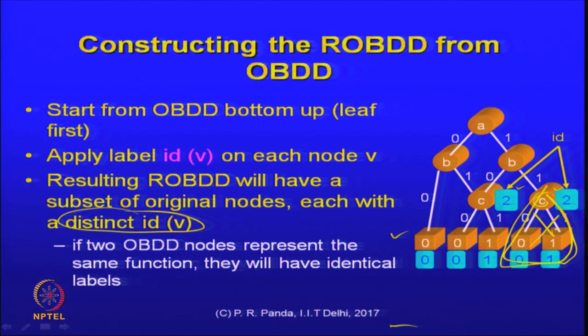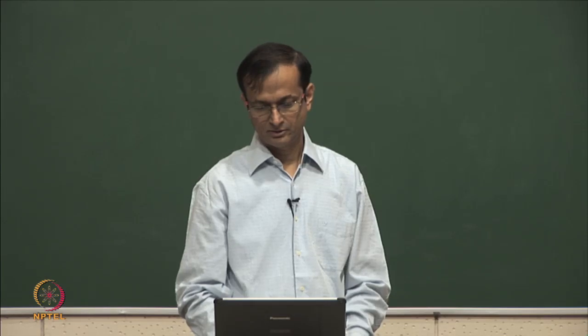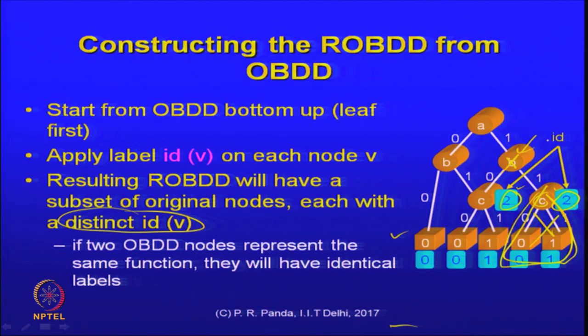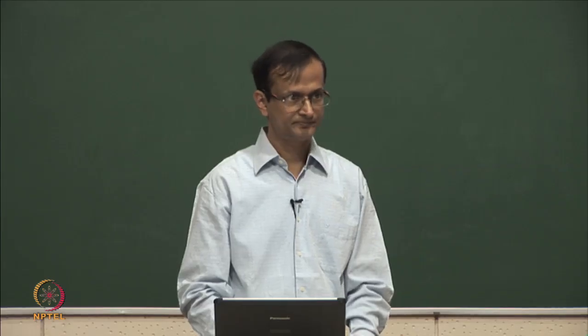So, the point is you retain a subset of the original nodes. Some stitching up of the structure is needed because in the process of getting rid of nodes, you would end up with sometimes a node being redundant. Okay. So, if this label is 2 and that label is also 2, then what would be the label for the parent? We want to invent a new label in this labeling process when we come across a new function that has not been encountered yet so far.